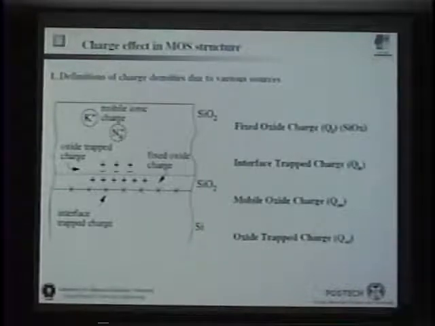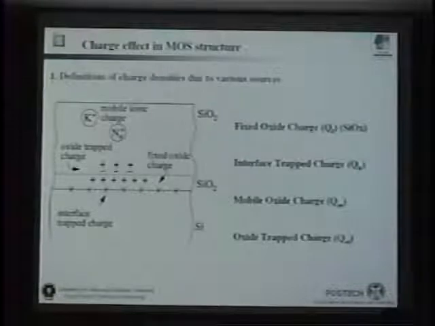And also, interface trap charge is at the interface. This will affect the mobility of the carrier. So it is very important to reduce these interface traps. And this comes from the silicon dangling bond at the interface. So sometimes annealing or some other hydrogen passivation helps to remove this interface trap density.